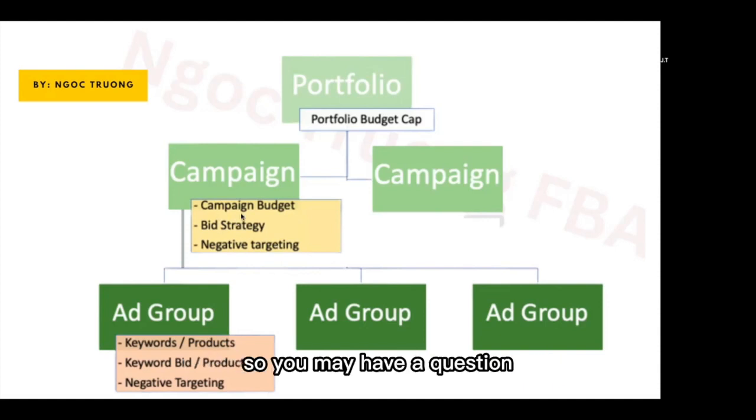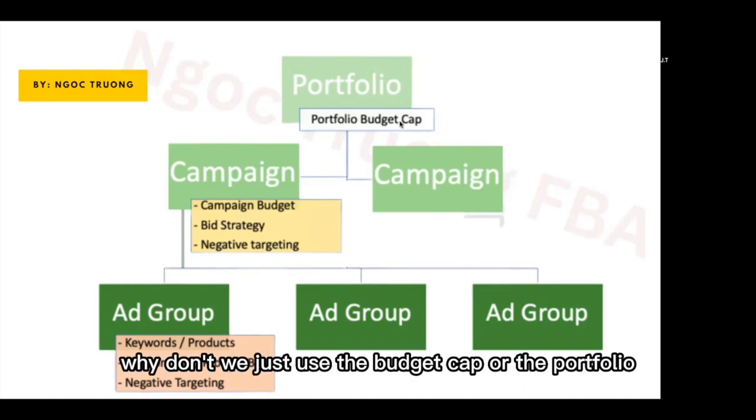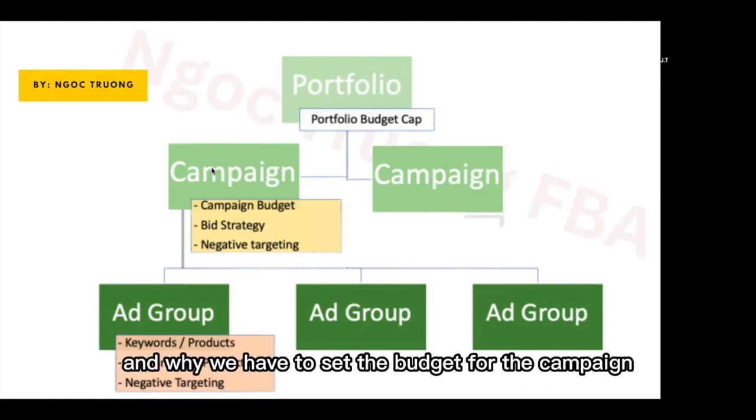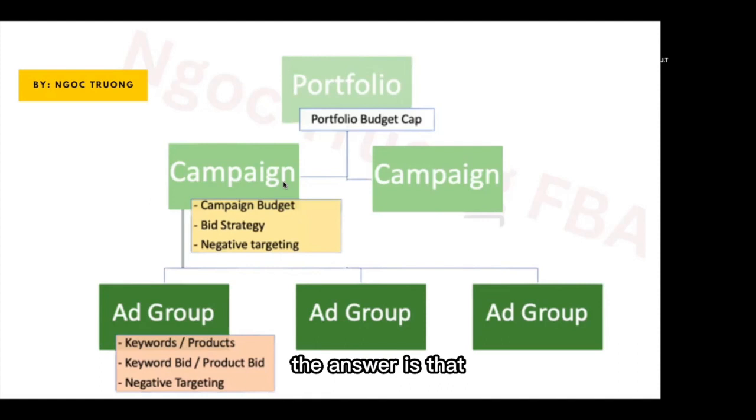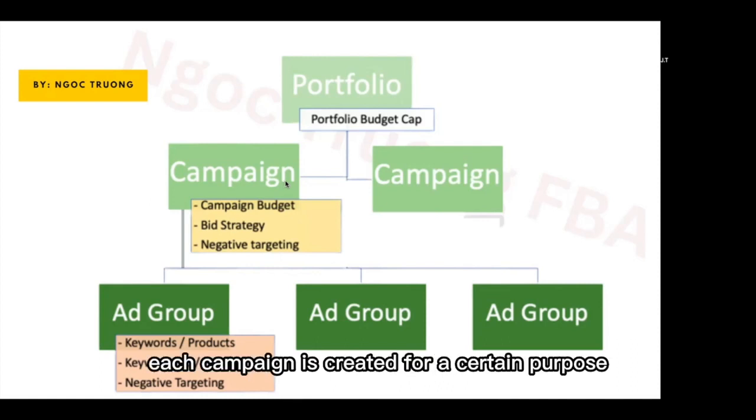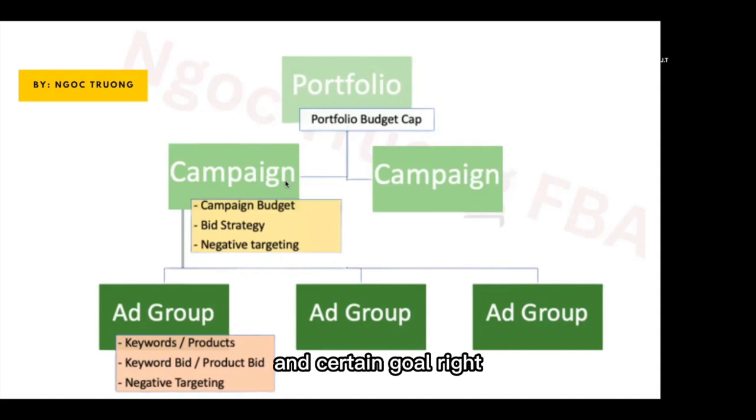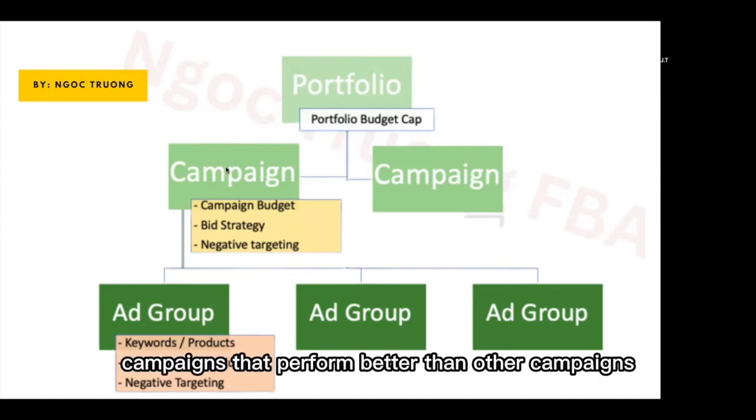So you may have a question, why don't we just use a budget cap for the portfolio and why do we have to set the budget for the campaign? The answer is that each campaign is created for a certain purpose and certain goal, right? And you would want a campaign to operate and maximize its potential, because within a portfolio, there may be campaigns that perform better than other campaigns.